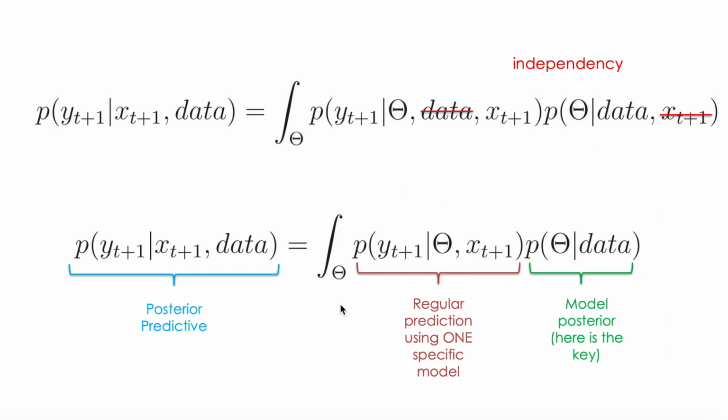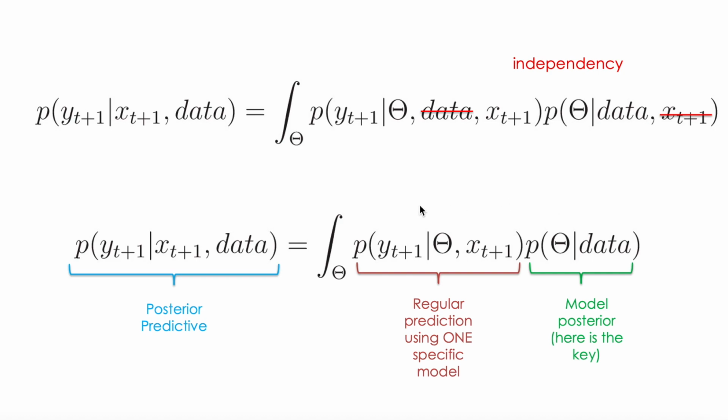So imagine we are going over each possible value of the set of parameters theta. For each of these values, we are going to make a prediction, but the prediction is going to be multiplied by this posterior. So when our set of parameters is not very likely, or we have a low probability here, the prediction is not going to be taken into account so much.